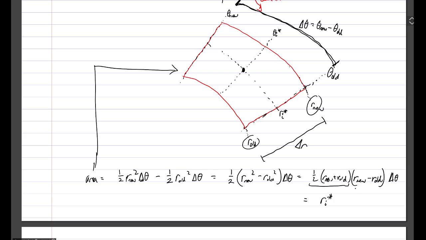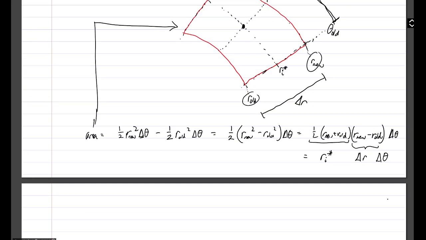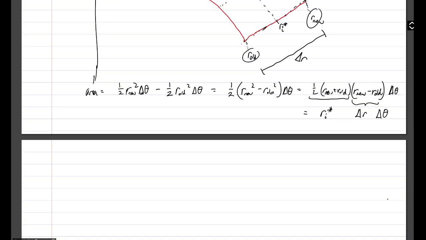And then what about here, R new minus R old? Well, we labeled this here. This is delta R. So that part is delta R. And then let's copy down delta theta down here. Okay, so here's what we actually have. This is the area of one little patch.